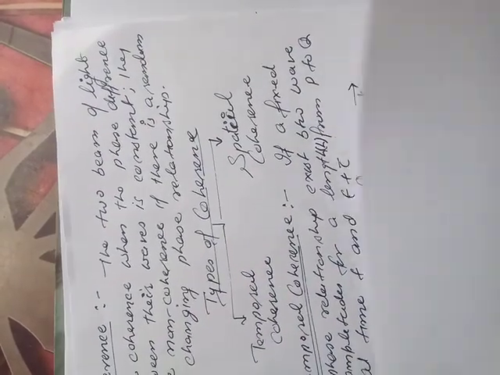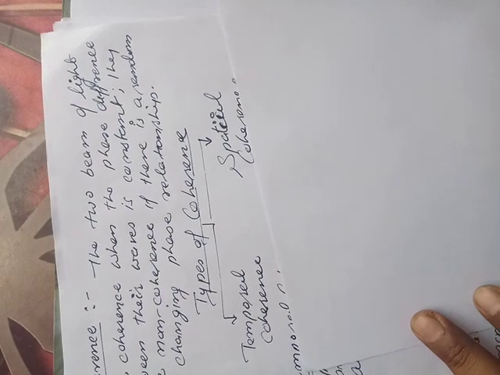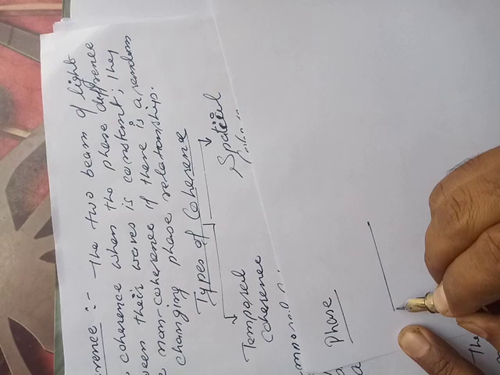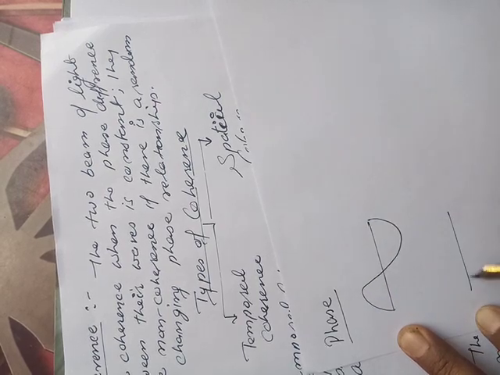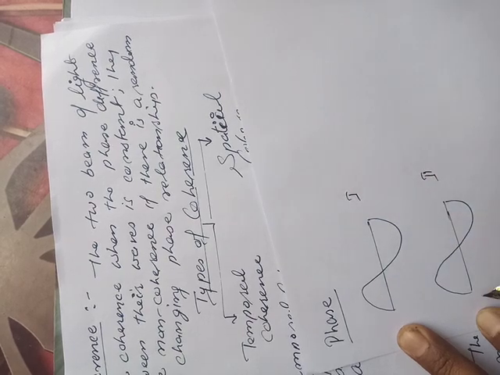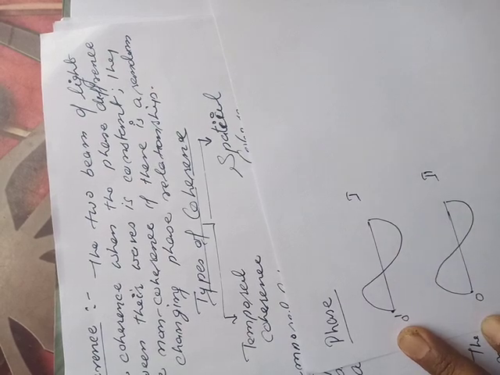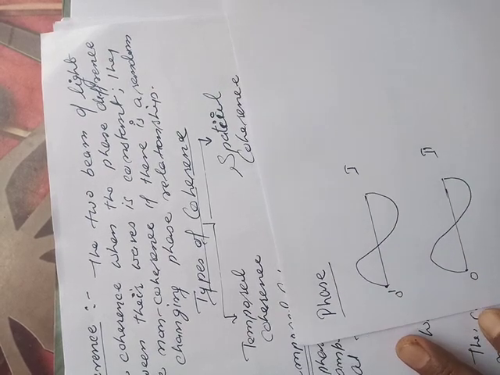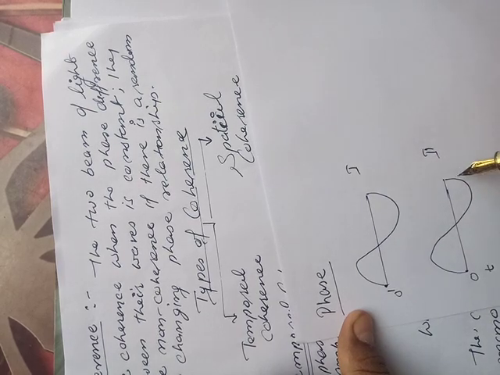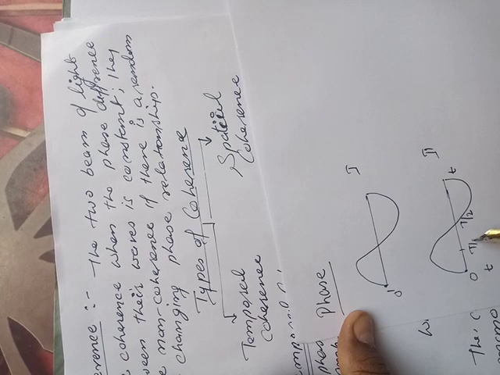Let us suppose, to understand the concept of phase, we take two waves, wave 1 and wave 2. Their starting points are at O and O dash. Now when the time starts, let T be the time taken by the wave to complete one wave, this one is T by 2, this one is equal to T by 4.